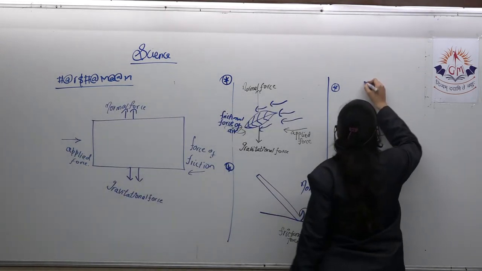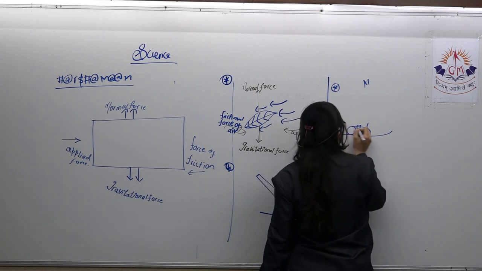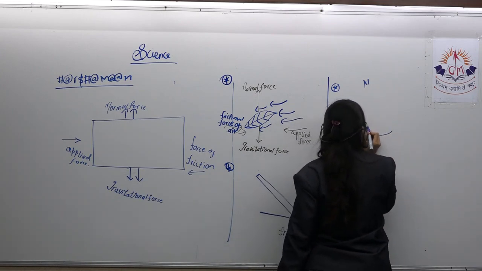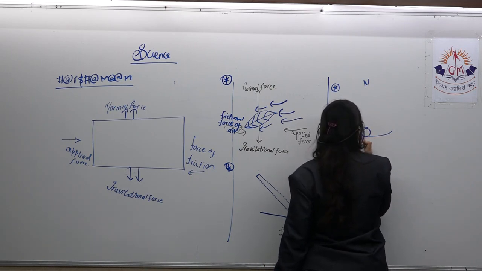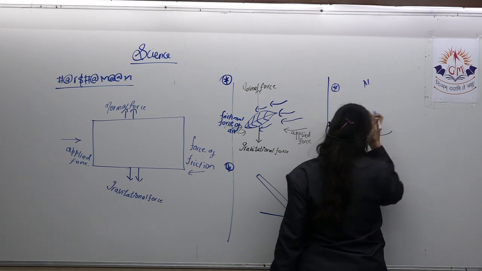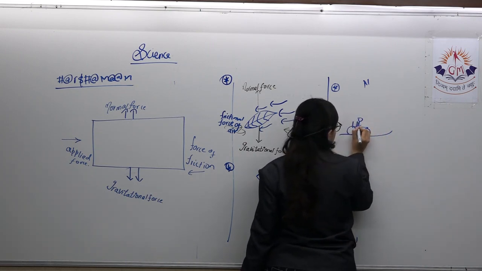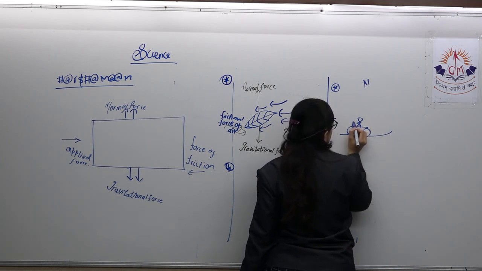Now, N, W, E, S. So the cycle is over here, and here is the person who is riding the cycle.